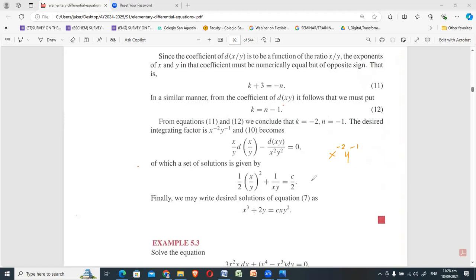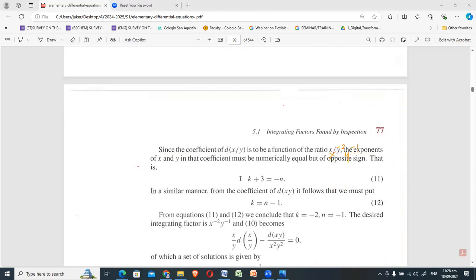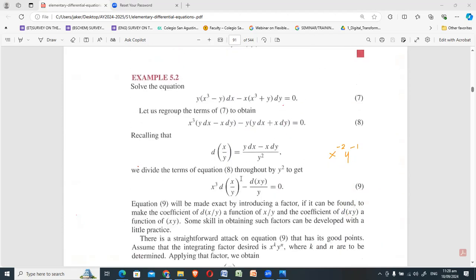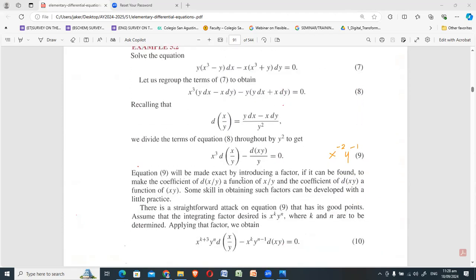If you do that, I'll copy the one that we have there so I can write it here. This is that one. If you're going to multiply, what's the result? Your x cubed multiplied to x raised to negative 2 will be x. And this y raised to negative 1 will be y. So the result, if you multiply that, will be an x over y.